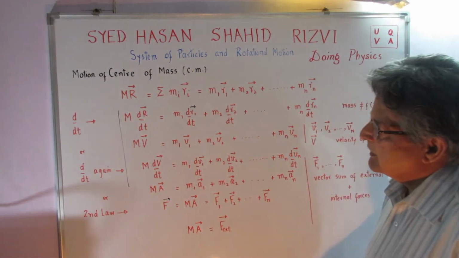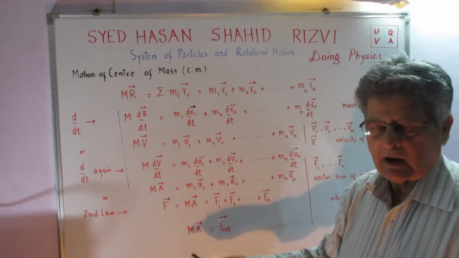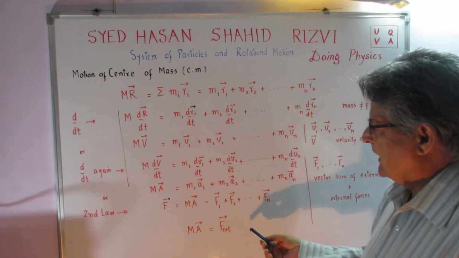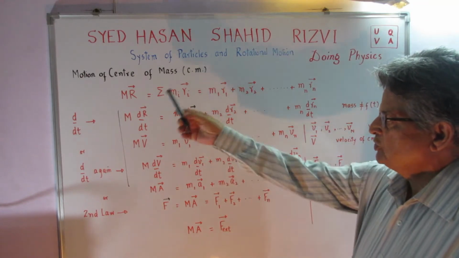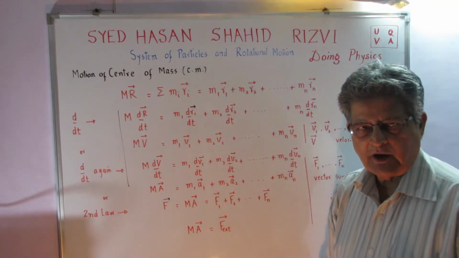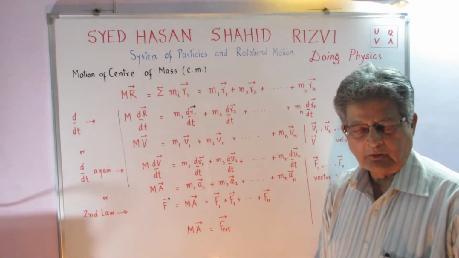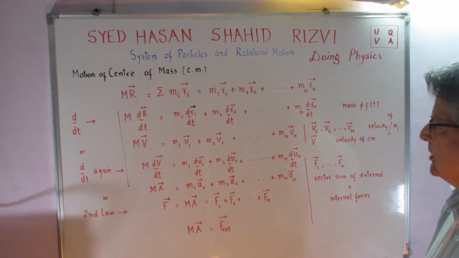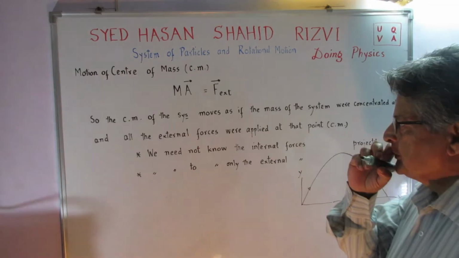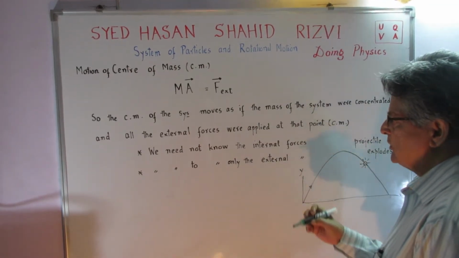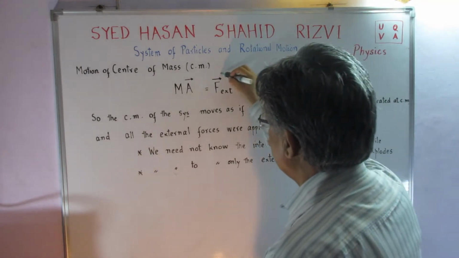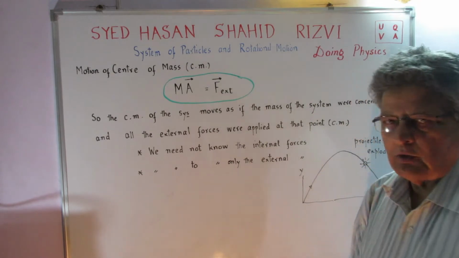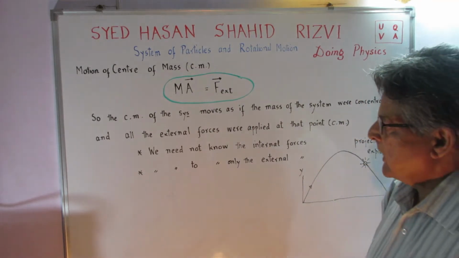So this is, in a nutshell, the various relations that we obtain for the motion of the center of mass of a rigid body, if any body is comprised of many masses put together. The motion of the center of mass is described by M A is equal to F external.